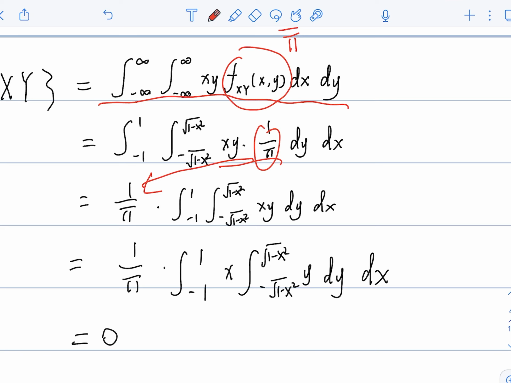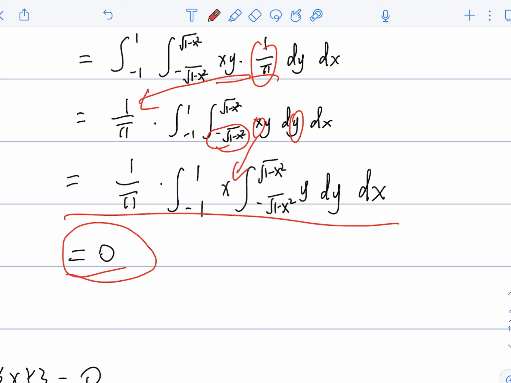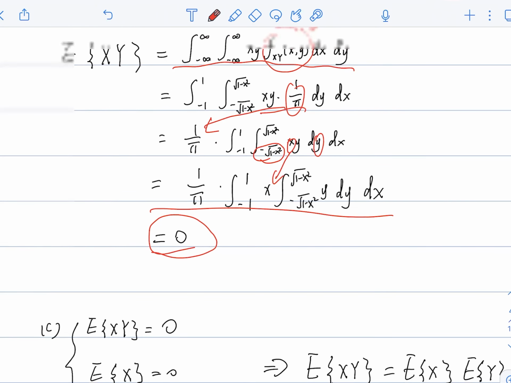The domain of y is from the negative square root of 1 minus x squared to the upper bound, the square root of 1 minus x squared. Finally, the expected value of xy is equal to 0.